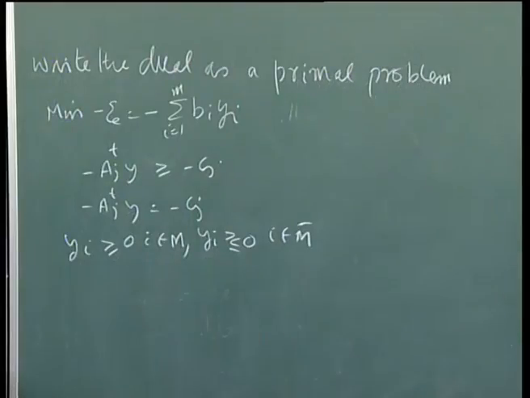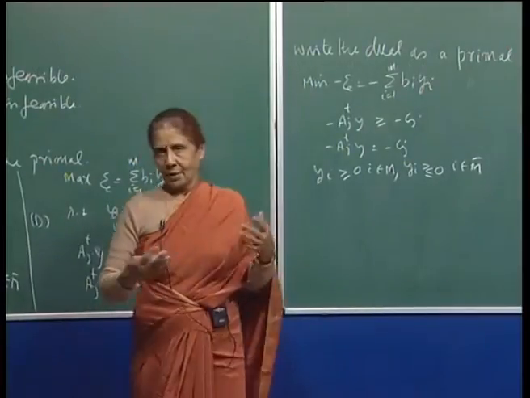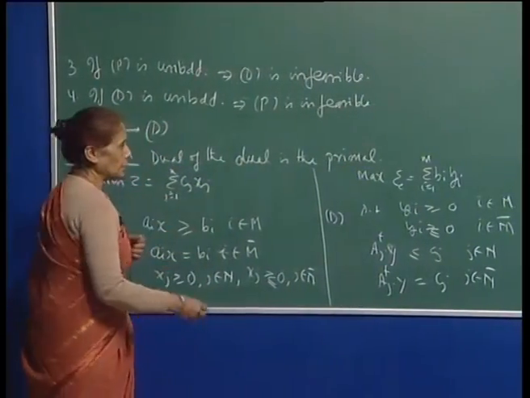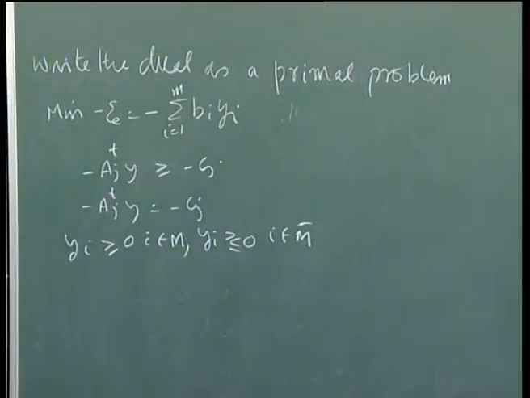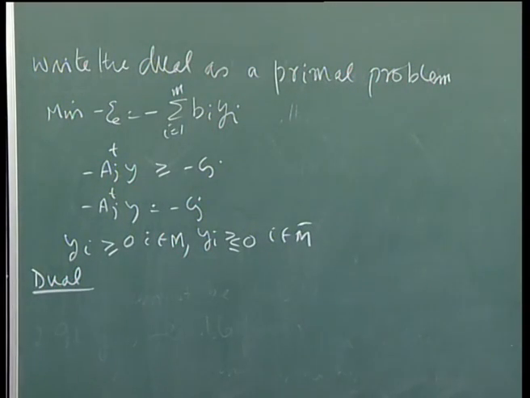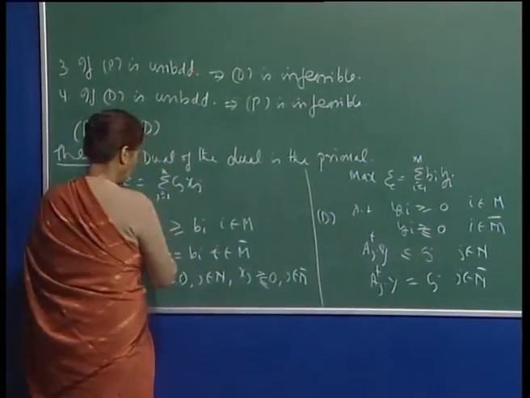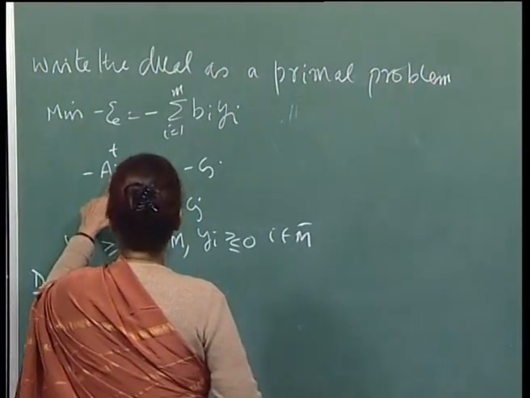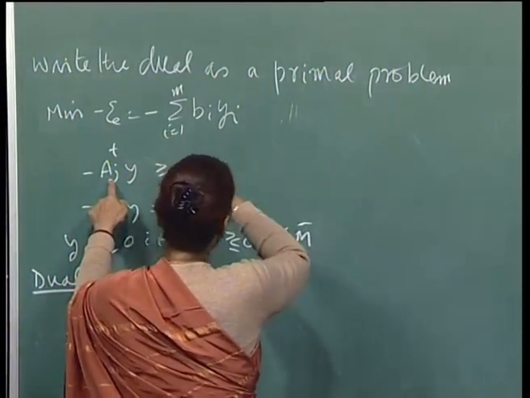So, now this problem is exactly in the same form, of course with a different dimension, but that does not matter. I know the rules for writing down the dual of the primal when the problem is formulated in this way. So, I now write down the dual. Okay. So, what would be the dual? Yeah, and please remember, see here this was a row a_i, right. Now, in this case, what is my corresponding matrix here? This A_j is a column, I take the transpose, so that becomes the row.